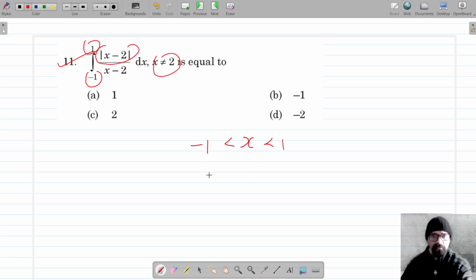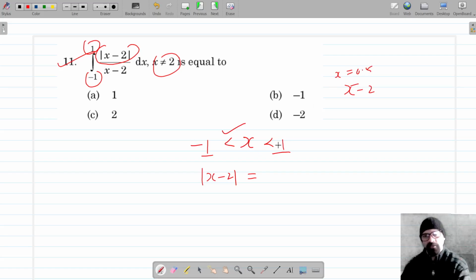Between these limits, what would be the value of x minus 2? Let's take any value, say 0.5. If I put x equal to 0.5, which is between negative 1 and 1, then 0.5 minus 2 will always give me a negative value.